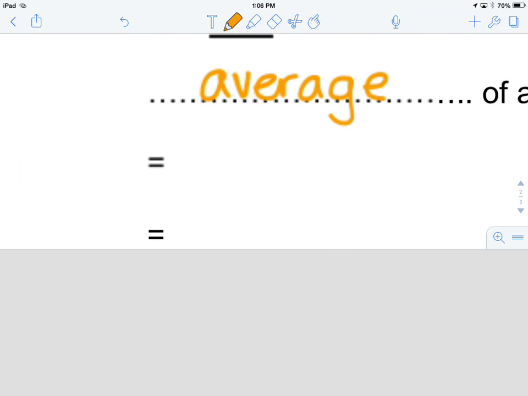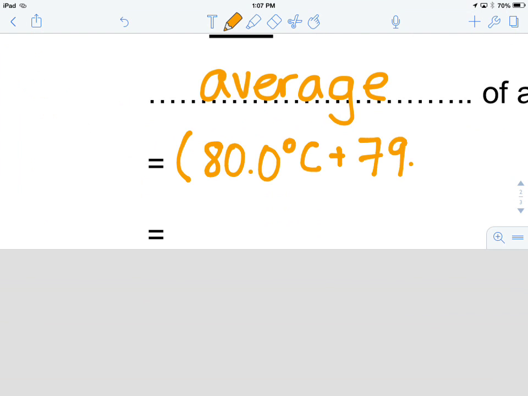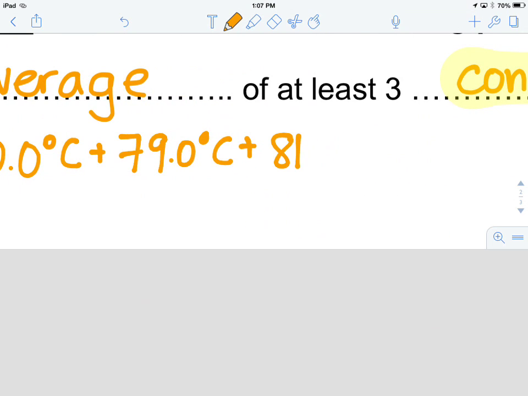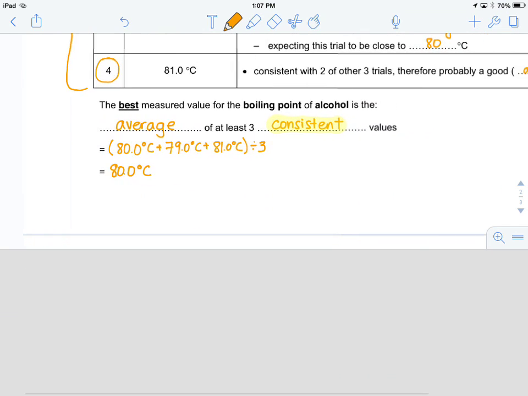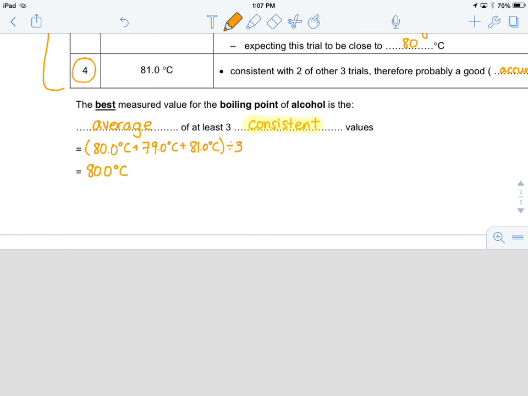The way that we do that is, as you know, 80 degrees Celsius plus the first one 79 degrees Celsius plus the third one 81 degrees Celsius. And because we had 3 values, we divide by 3 and we get a final answer of 80 degrees Celsius. And that would be a very, very good and very accurate measured value for the boiling point.